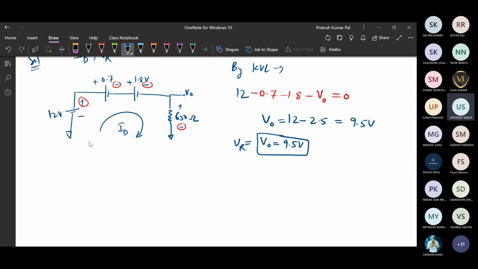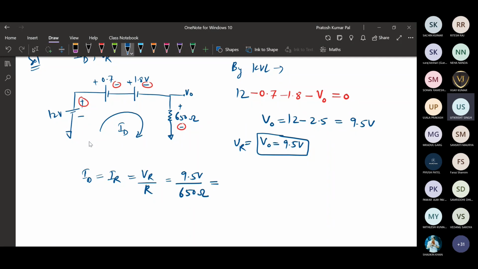Now to find ID, ID will be equal to IR, the same current will be flowing. Whatever current is flowing through this resistor, the same current will be flowing through here also. So that will be the voltage drop across the resistor divided by the resistance value. The voltage drop is 9.5 volt divided by 650 ohms.